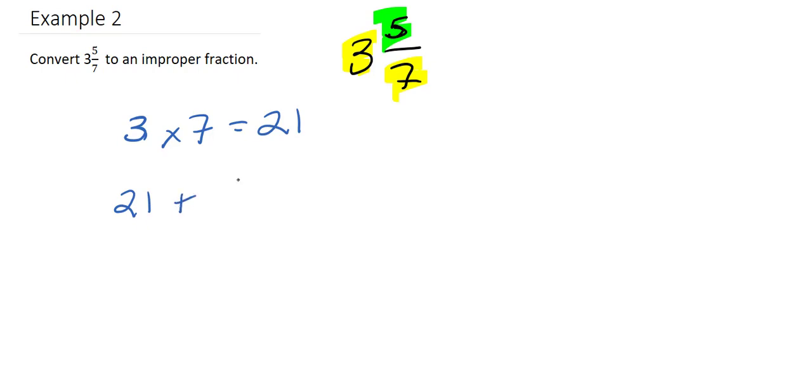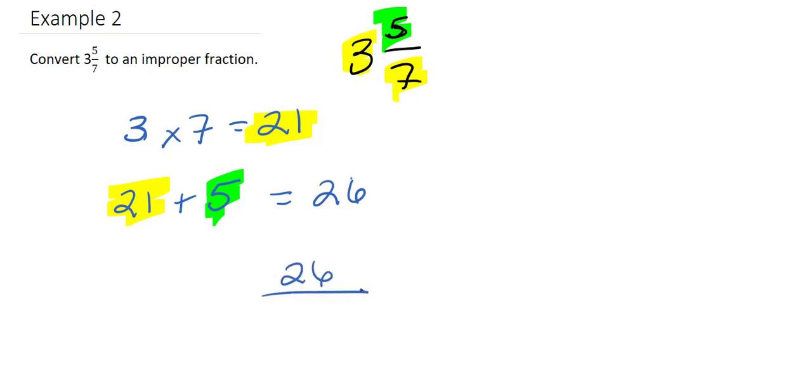So we get plus 5. So we can see where this is coming from. And then that is equal to 26. And that becomes our new numerator. And then we're just going to keep our denominator. So we have 26/7.